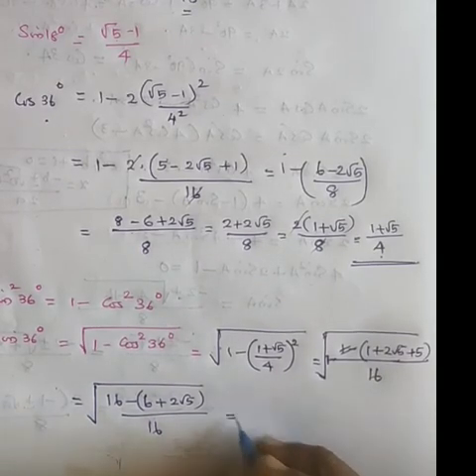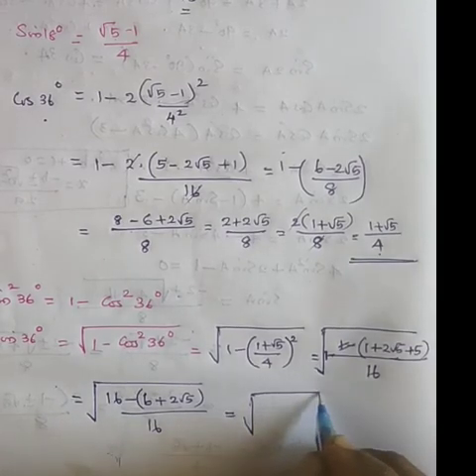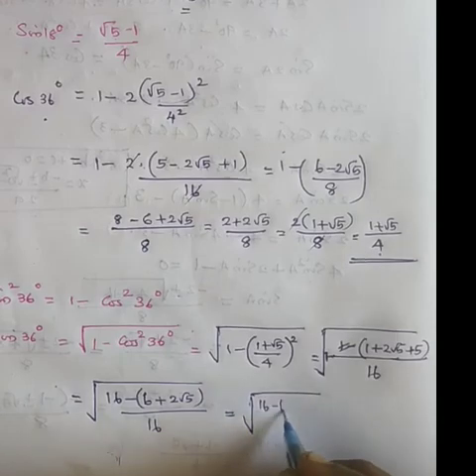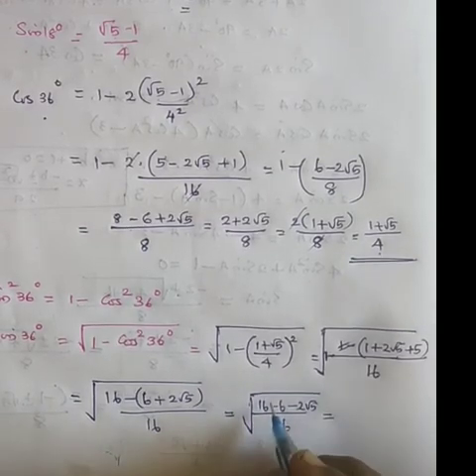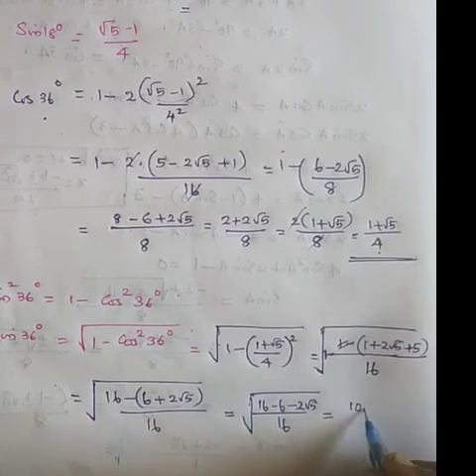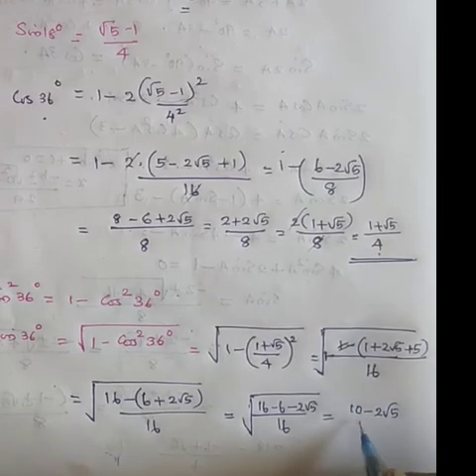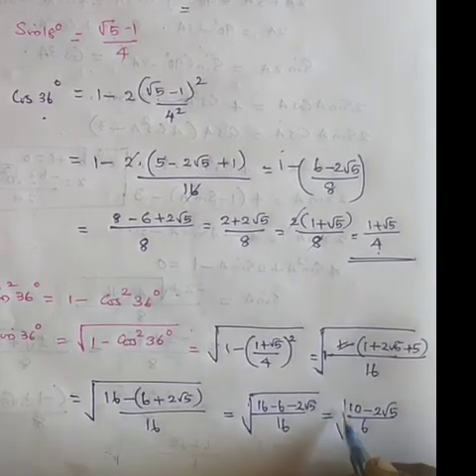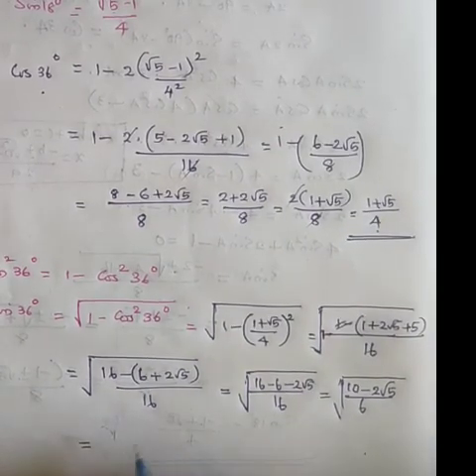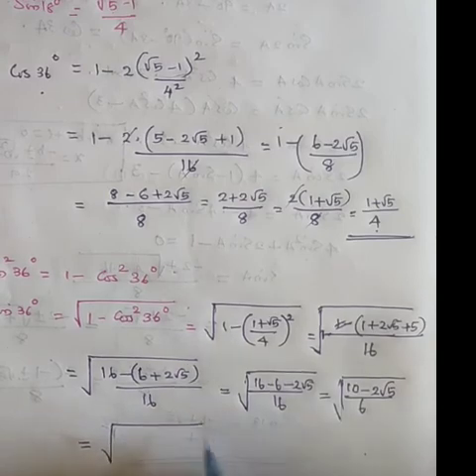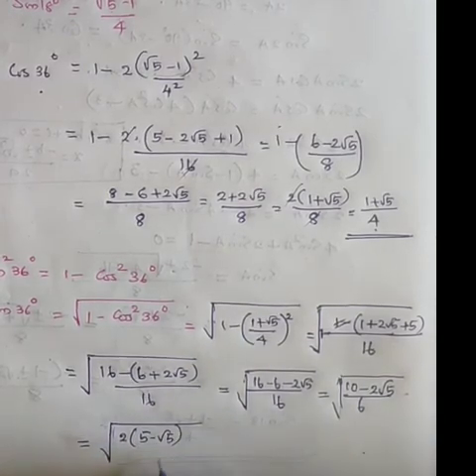So this is equal to square root of 16 minus 6 minus 2 root 5 divided by 16. 16 minus 6 is 10 minus 2 root 5 divided by 16, is equal to square root of, taking 2 as a common factor, 5 minus root 5 divided by 6.